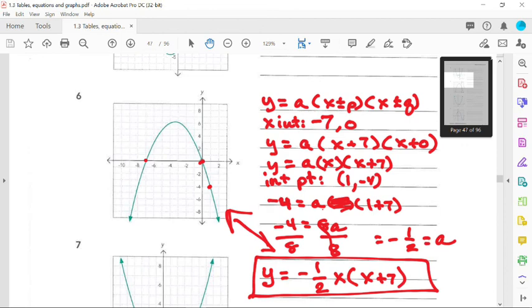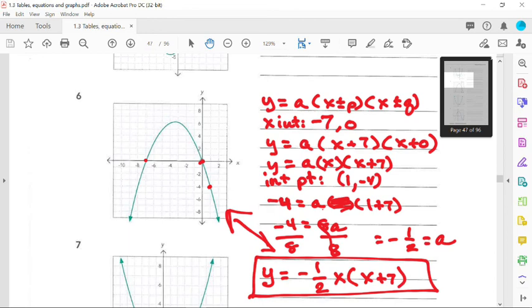Because they may tell you the x-intercepts are, find the equation. Well, you know something about the graph, and you can do that. Now, you couldn't find it with just the x-intercepts, but you see what I'm saying? They're going to give you pieces, and you have to figure it out. Sometimes you can draw a picture, and from the picture get the equation. Sometimes you can write an equation, and from the equation draw the graph.